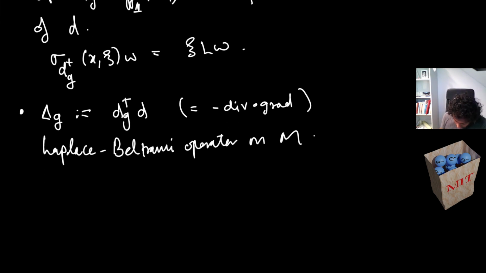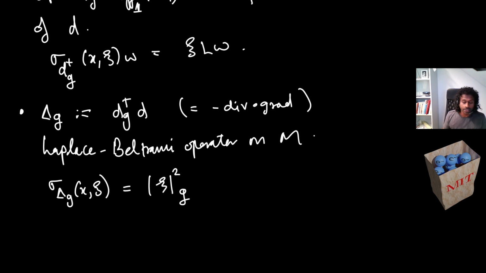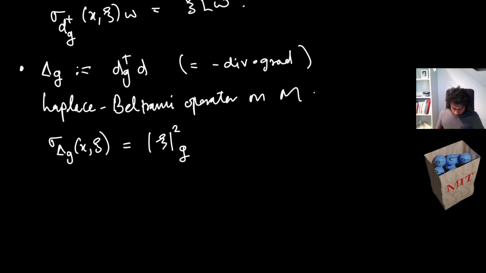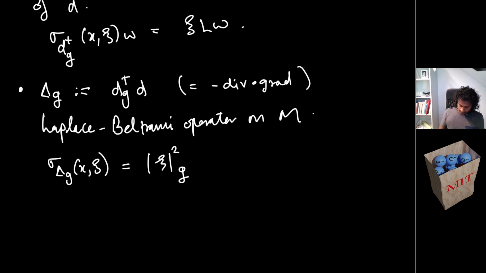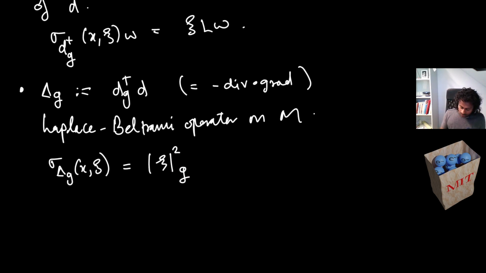So what is the symbol of this? If we use the compositional formula for the adjoint, it's easy to see that this is going to be a positive operator, which is just the absolute value of the covector, and one can just do this by looking at what happens if you first wedge and then cut.